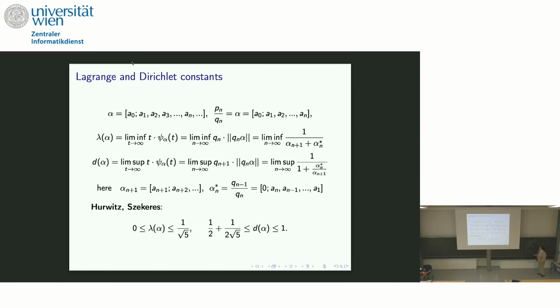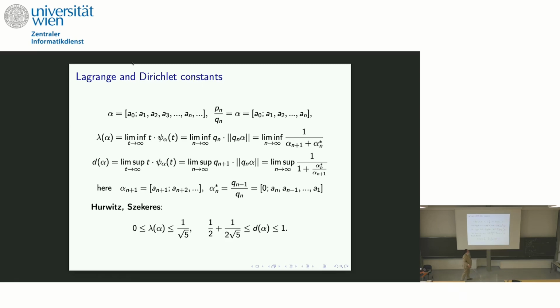The Lagrange constant, a very well-known constant which can be expressed in terms of continued fractions, deals with ordinary approximation, and the Dirichlet constant deals with uniform approximation.